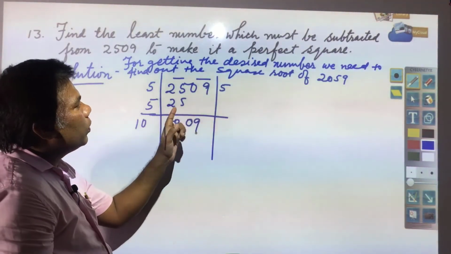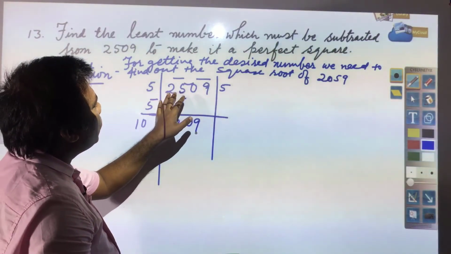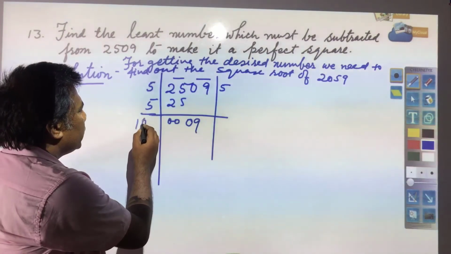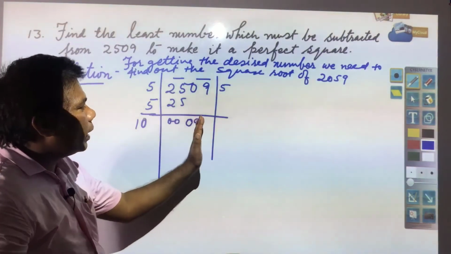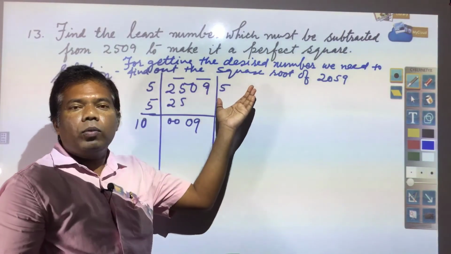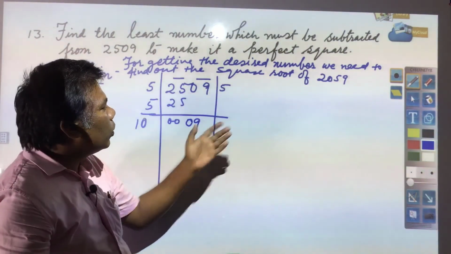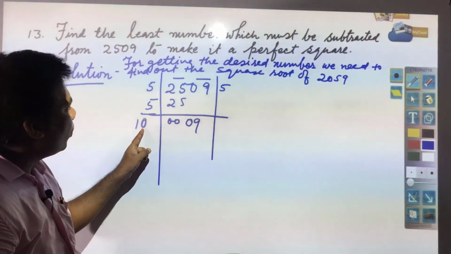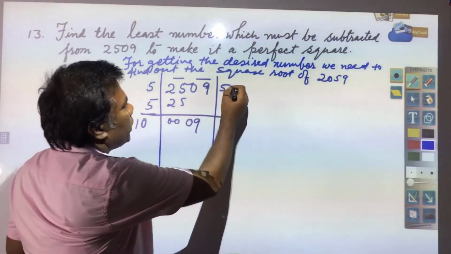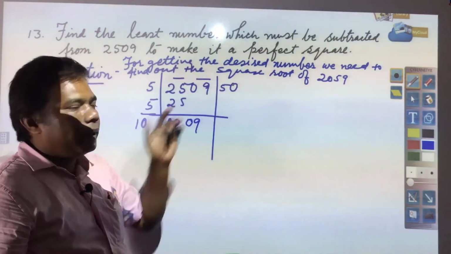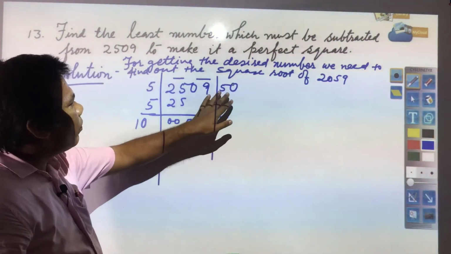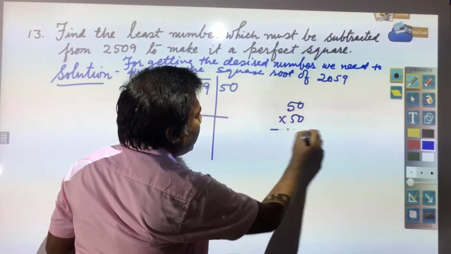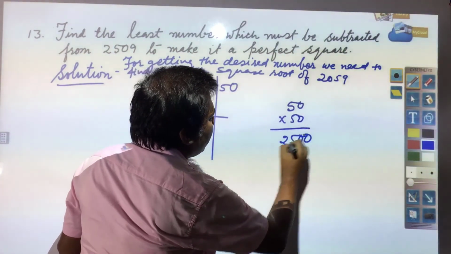In this case what you will do, here you see, if suppose 2509 you have, if you are putting 0, what we do for taking down, if suppose next period we would be having, we would take down the next period, and for that we would put 0 over here and in place of quotient also. So, you have got 50 now. So, if 50 into 50 will be multiplied, what you will get? 2500.